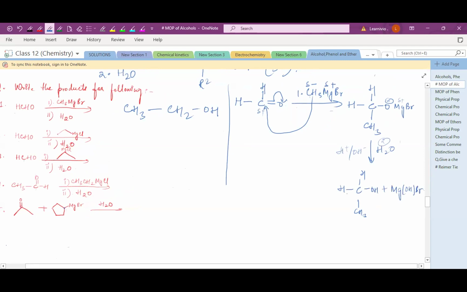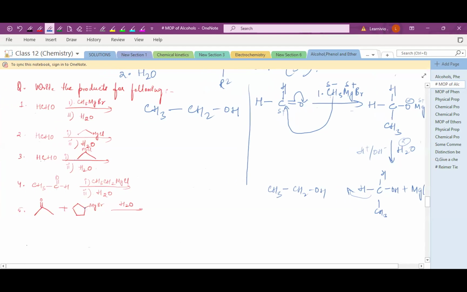And you write this as CH3CH2OH. So you are getting the primary alcohol. It's very clear: this is formaldehyde, and when formaldehyde is treated with the Grignard reagent, you get a primary alcohol. Clear, Ali? Yes, ma'am.